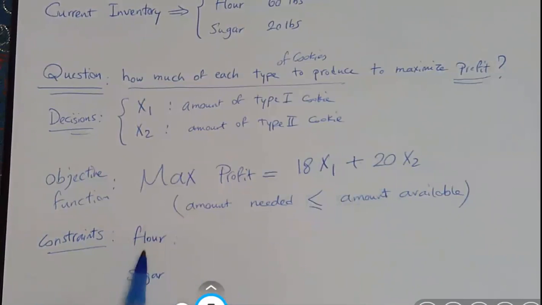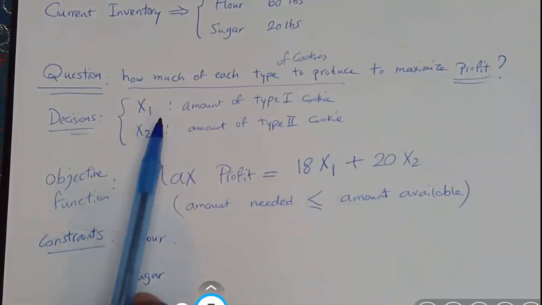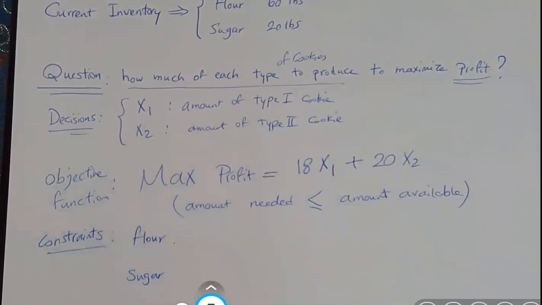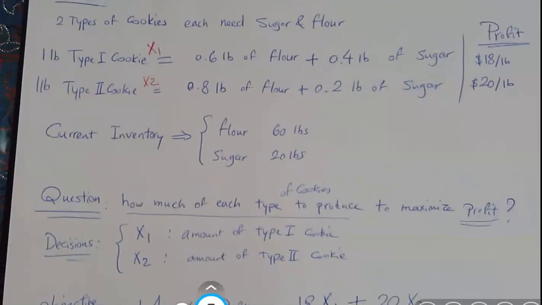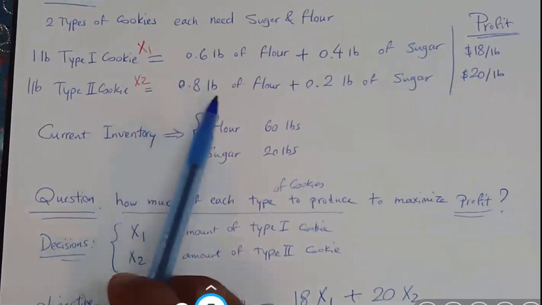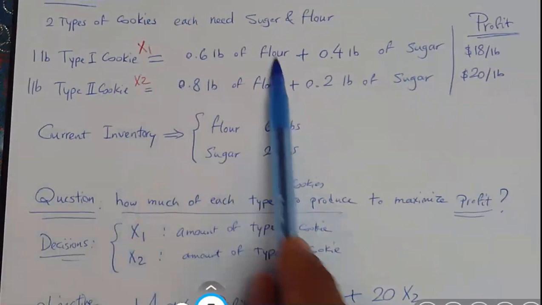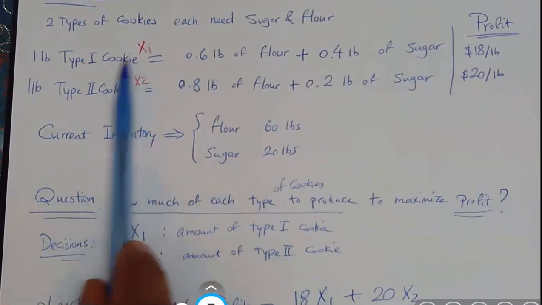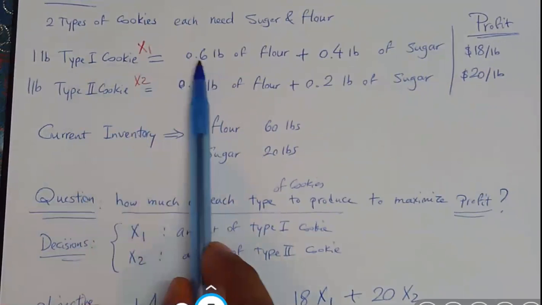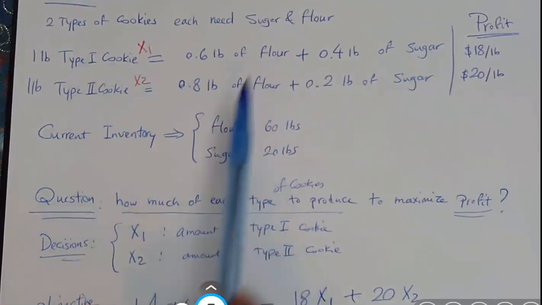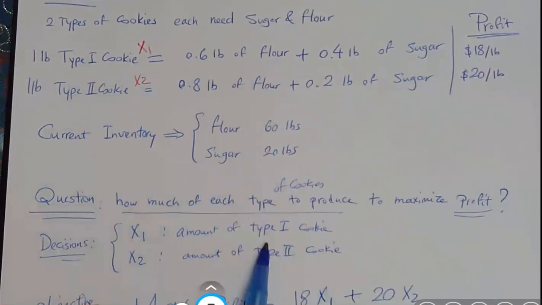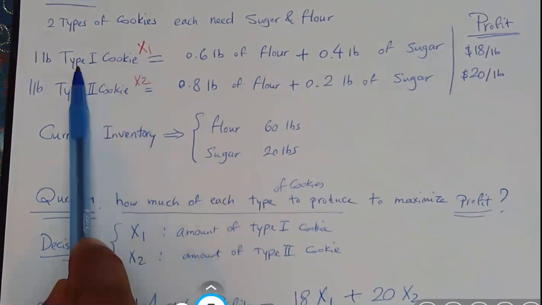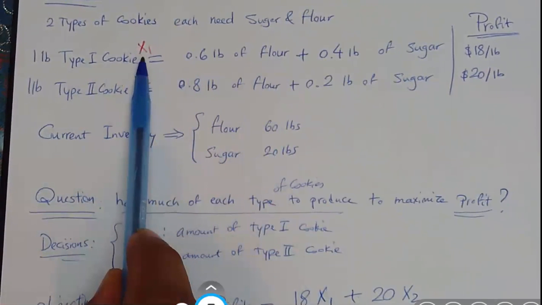So how much flour do I need for production of X1 pounds of type 1 cookie and X2 pounds of type 2 cookies? If I go back to the question here, looking at flour, for each pound of type 1 cookie, I need 0.6 pounds of flour. Now I'm making x1 pounds of type 1 cookie, so how much flour do I need? 0.6 times x1.